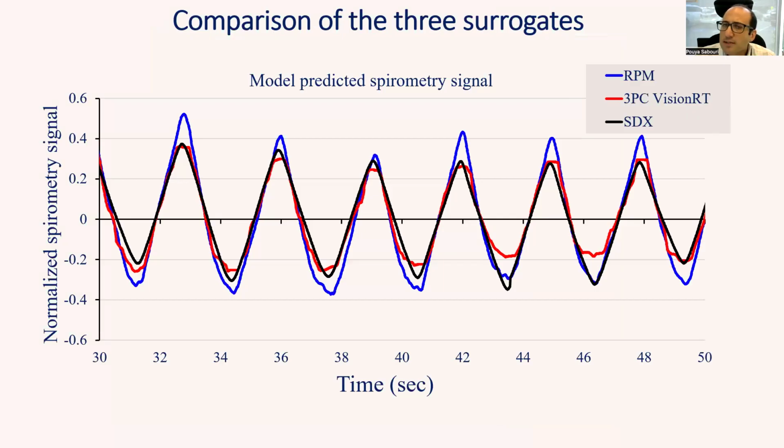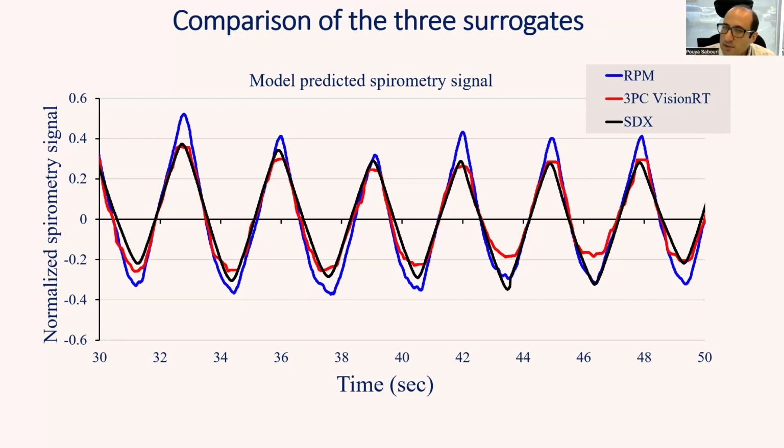This plot shows a time-based comparison between the 3 surrogate signals collected in our study. The black curve is the actual spirometry signal. That's our reference, reflecting the tidal volume. We then tried to use the 1D RPM signal and the 3D surface from the Vision RT system to model and predict the spirometry signal.